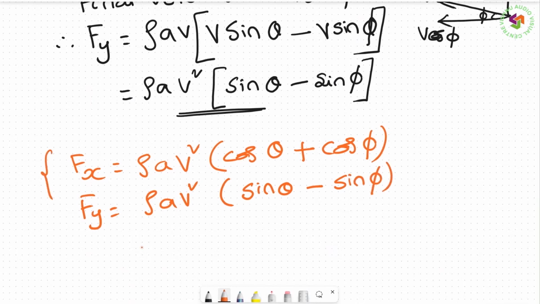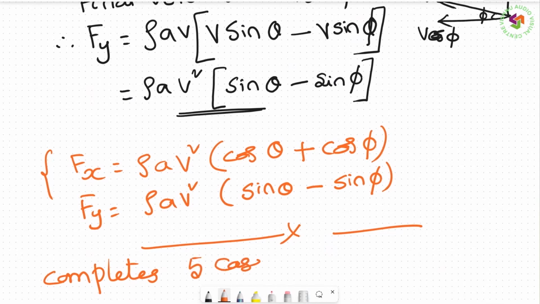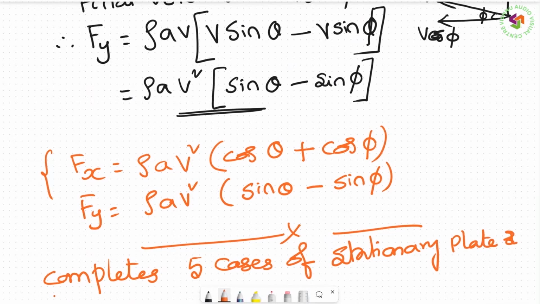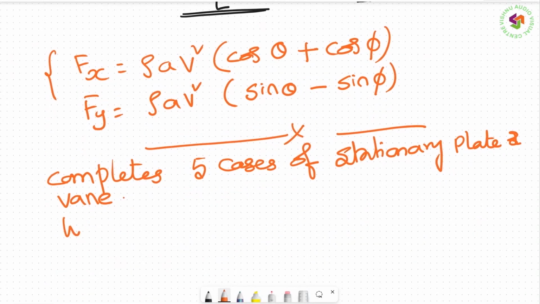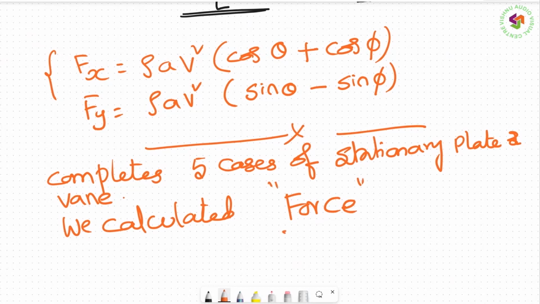So this completes the five cases of stationary plate or vane. In all the five cases, what we found, we calculated the force. This is the thing. If you remember the figures in mind, everything will settle very fast actually.